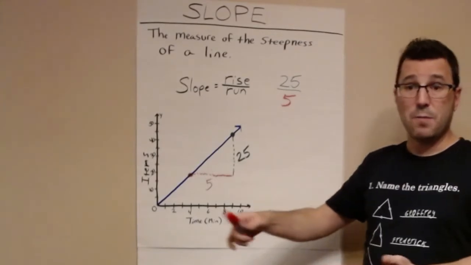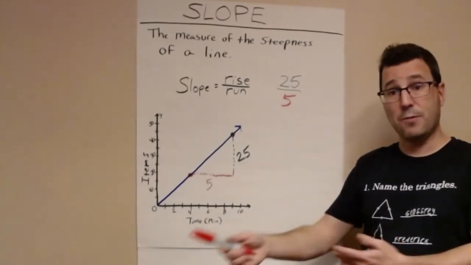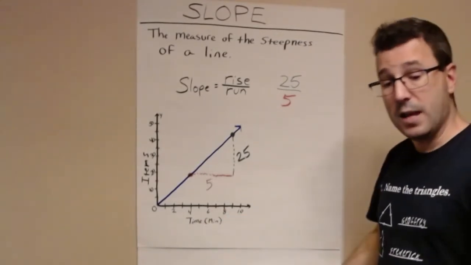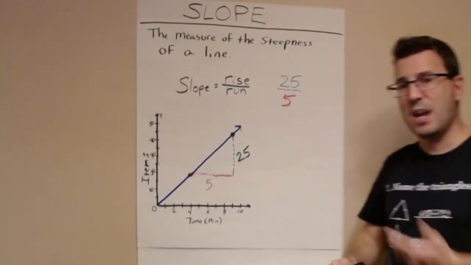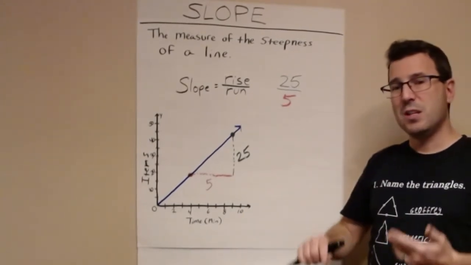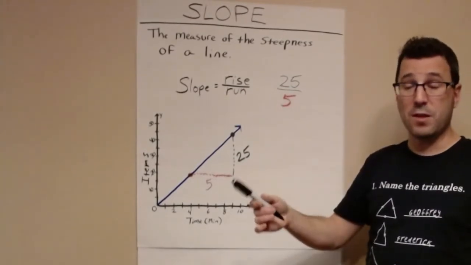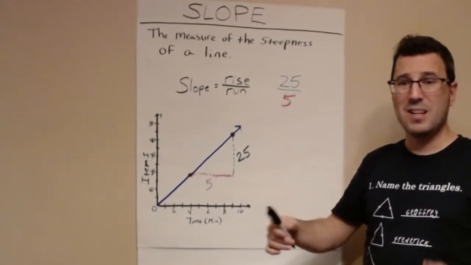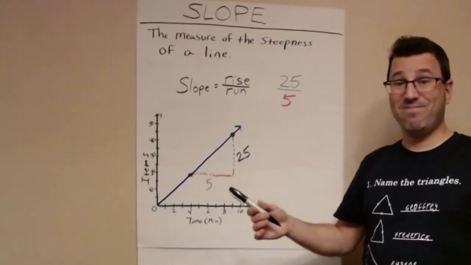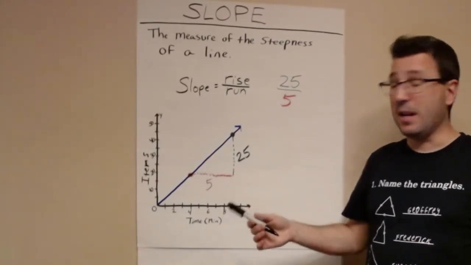The number that's on the bottom is telling us how much we're going to the left or to the right. And that's why we don't usually change these things to decimals, because when we have it in the form of a fraction, the top number means one thing, the bottom number tells us another.